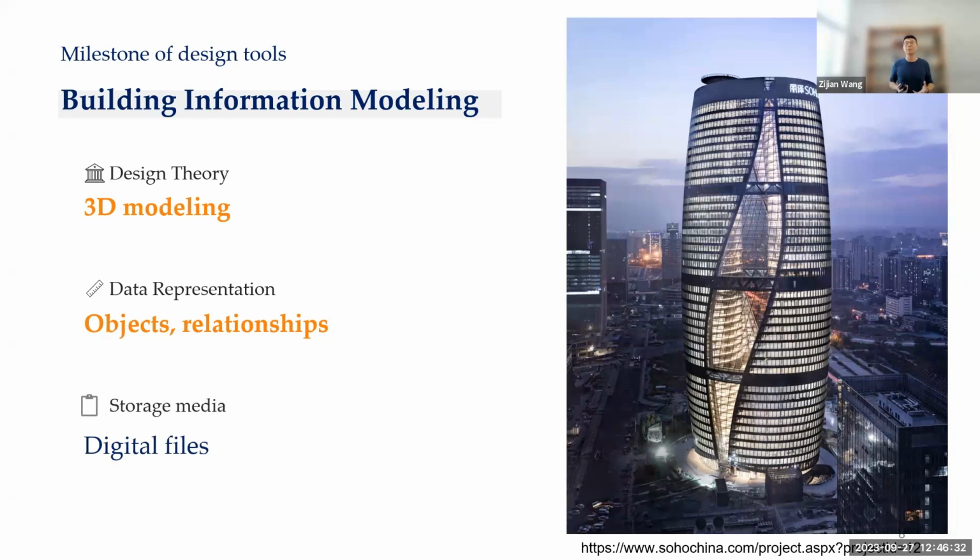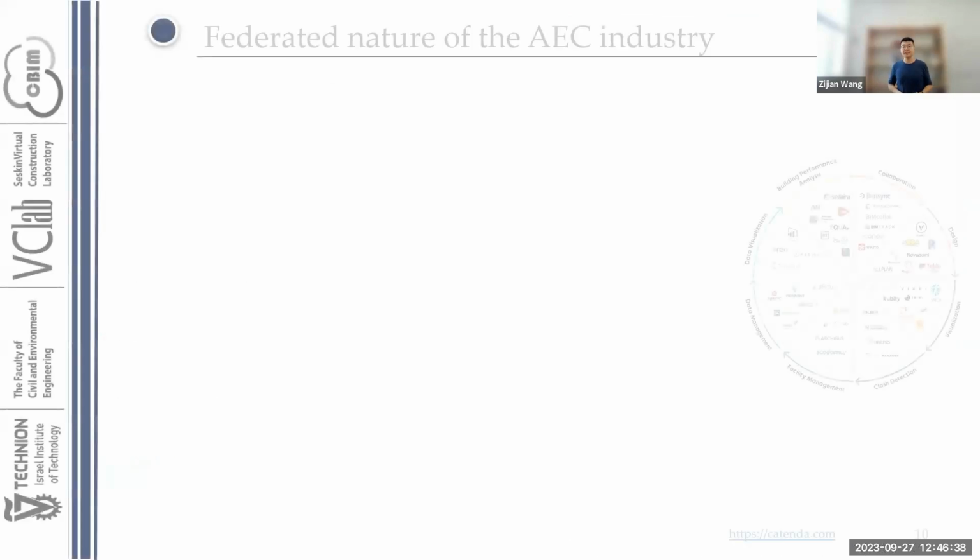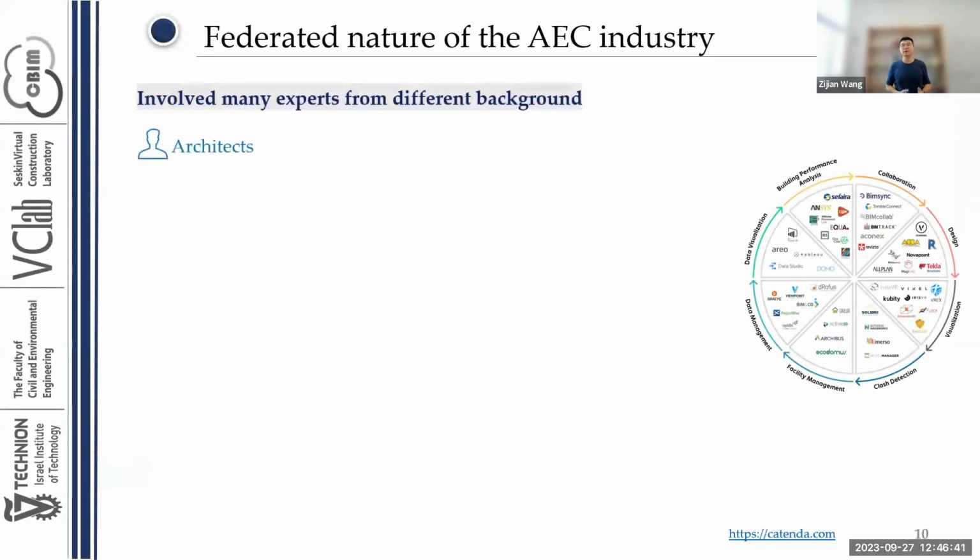It seems that BIM can help users to encapsulate their ideas and describe their work very accurately within one domain. However, BIM is not so adapted to the federated AEC industry. The architecture, engineering, and construction industry is so fragmented. One construction project may involve many experts from different backgrounds, such as architects, engineers, constructors, and so on.